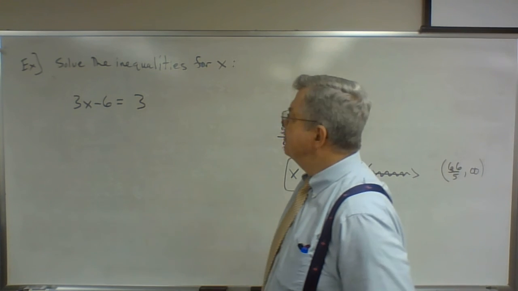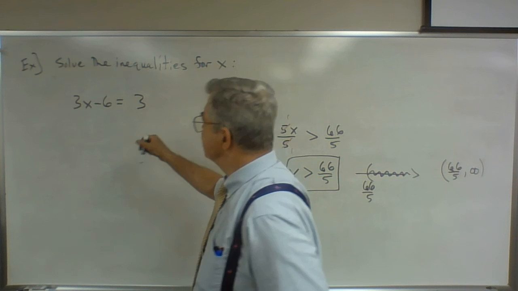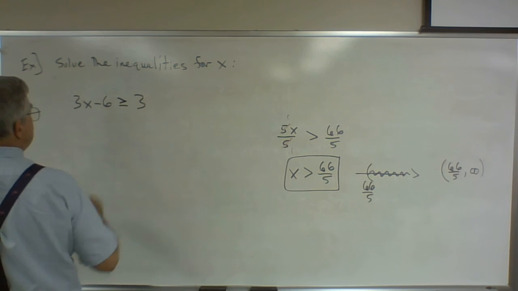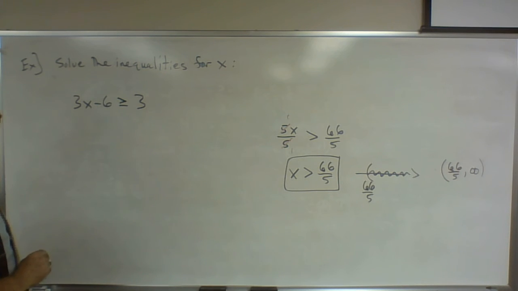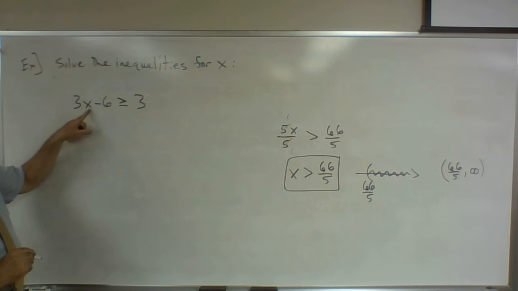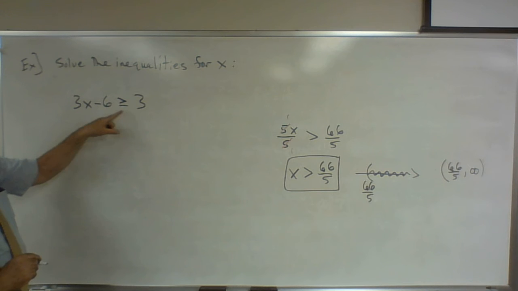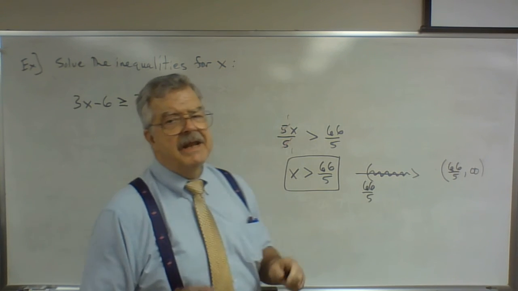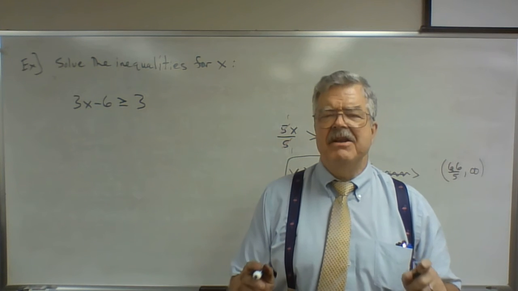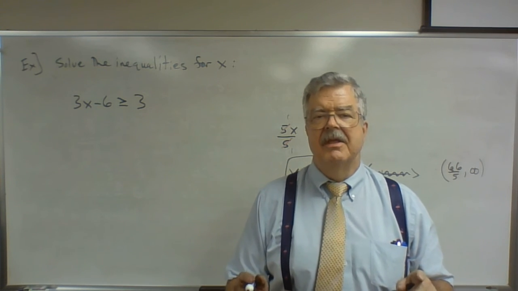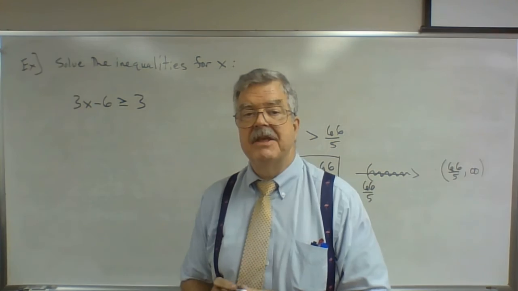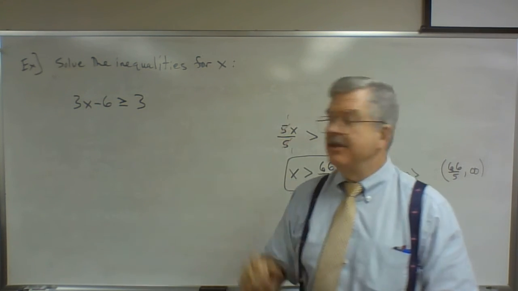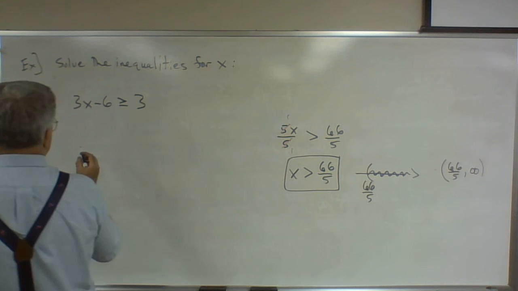Okay, 3x minus 6 is greater than or equal to 3. I want to get x by itself, so I'll add 6 to both sides, and that won't change anything. We can add any number to both sides, and the sense of the inequality will be preserved. It will continue to point in the original direction.